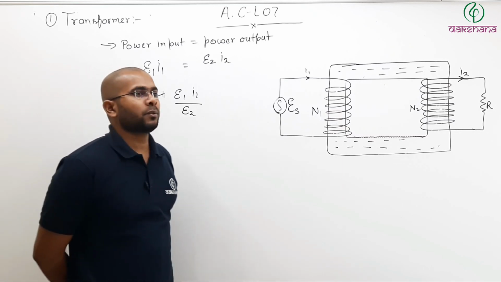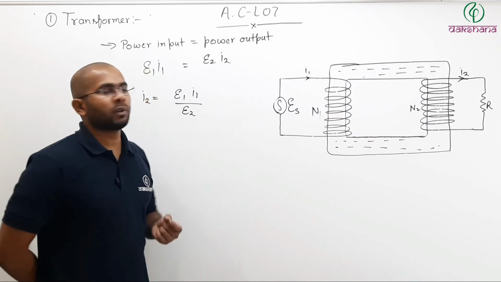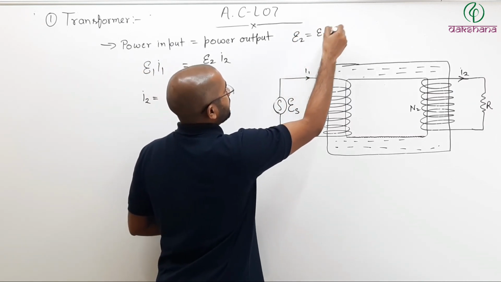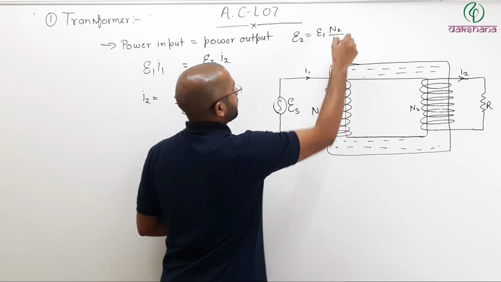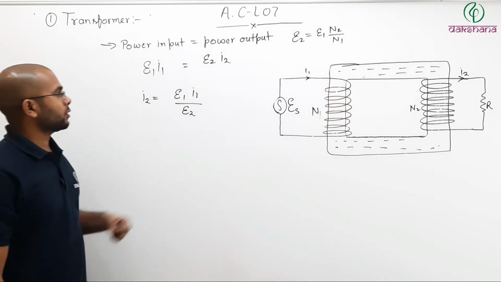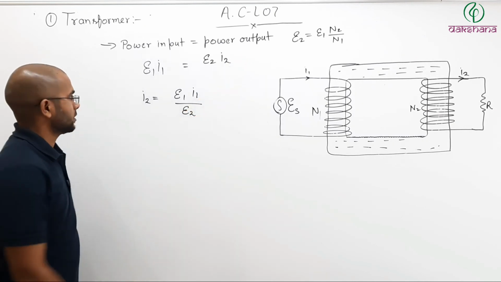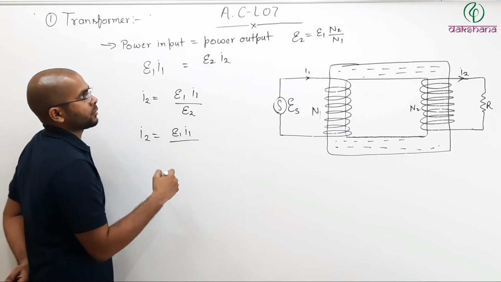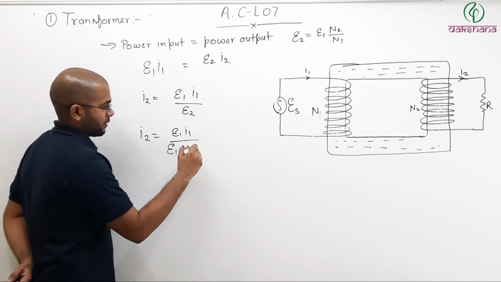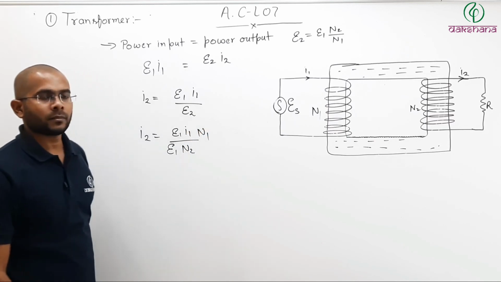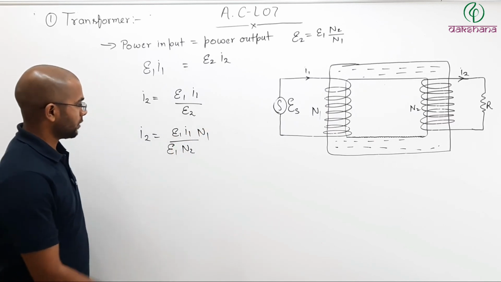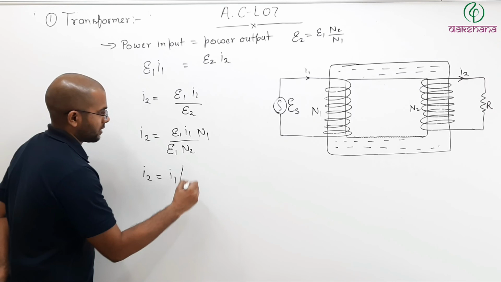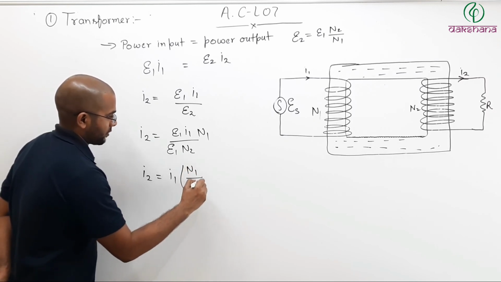If you remember how E1 and E2 are related, E2 is nothing but E1 times N2 by N1. So can I replace E2 with that? I2 is E1 I1 divided by E2, and E2 is E1 N2 by N1. Cancel E1 and E1, and you will get I2 is nothing but I1 times N1 by N2.